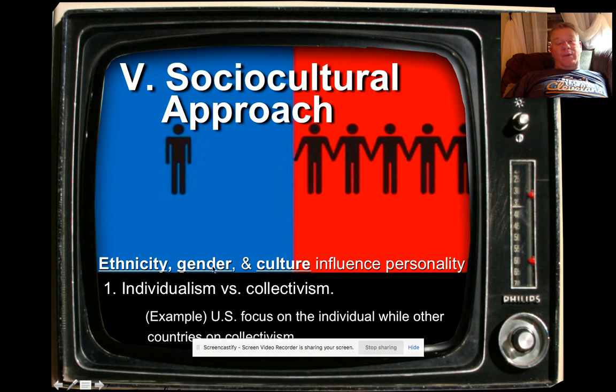Being a man or a woman will definitely involve some choices that make your personality. Last but not least, people's culture is definitely involved with how people are viewed as people.